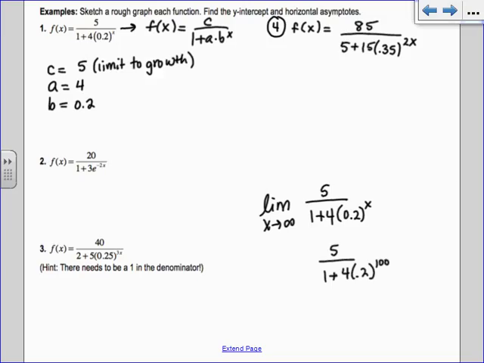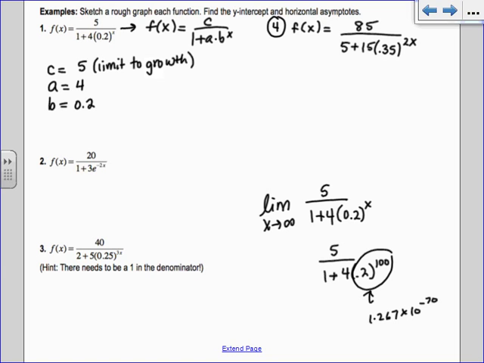If I do 0.2 to the 100 on my calculator, just for this part, it gives me 1.267 times 10 to the negative 70th. What is that? A very, very tiny decimal, like 0.00000 with lots of zeros. Very, very close to 0.